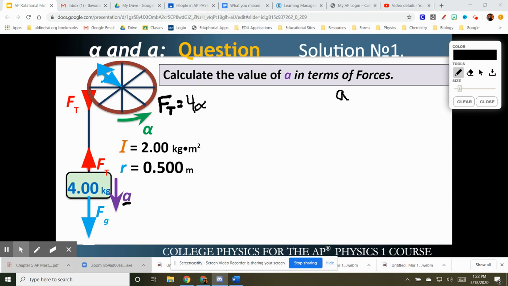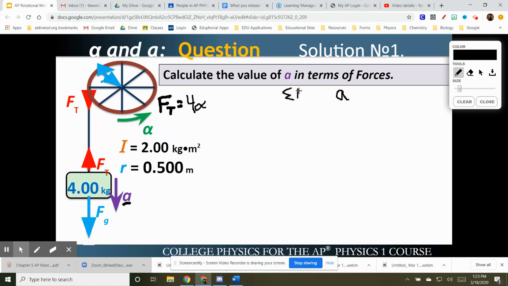Good job, Mia. A equals sum of the forces divided by M, which, somebody tell me what law that is, or idea? No, not Newton's first law, Newton's second law.